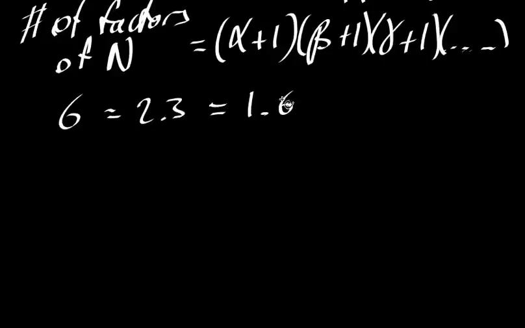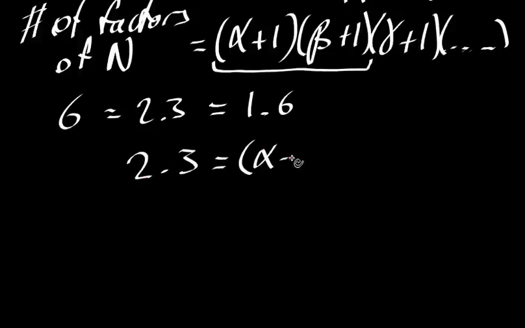We don't know which one of those is going to give us a bigger number. But if you compare this expression, 2 times 3, with the relationship above, you can see that 2 times 3 could come out of the product of those two terms. So 2 times 3 is equal to alpha plus 1 times beta plus 1, because there's only 2 numbers in there, so we don't need to worry about the gamma term.